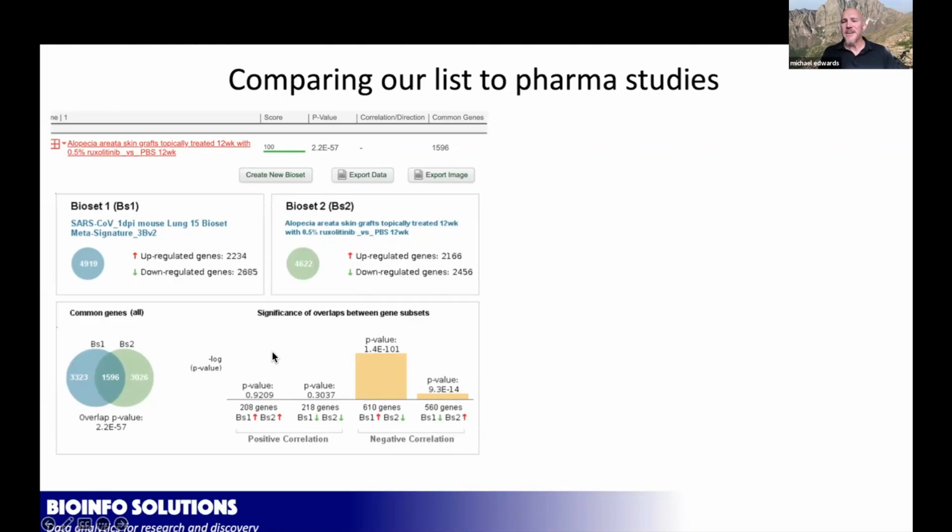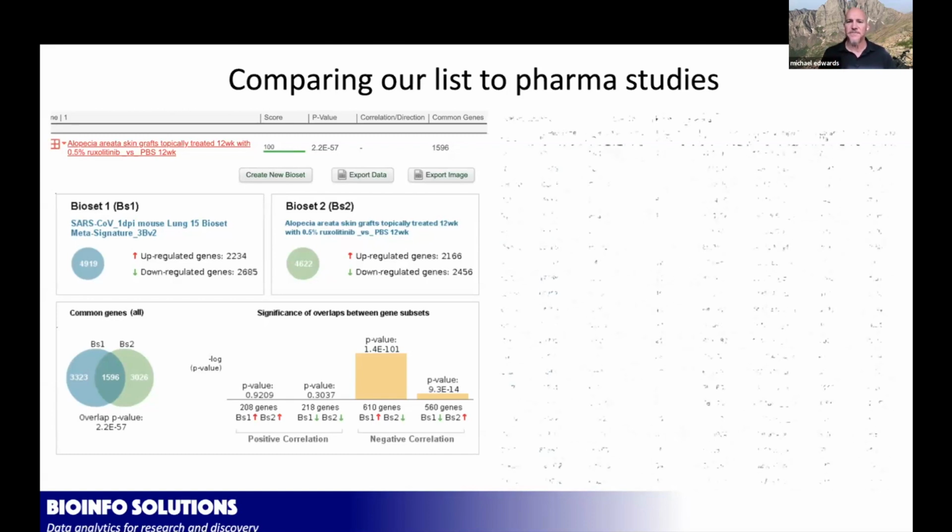So not only are we finding compounds that can interact or basically change genes that are associated with our infection, but also we can look for compounds that reverse that. So the thought being, if you can reverse the changes in gene expression brought about by a disease, you have a good chance at actually treating it.